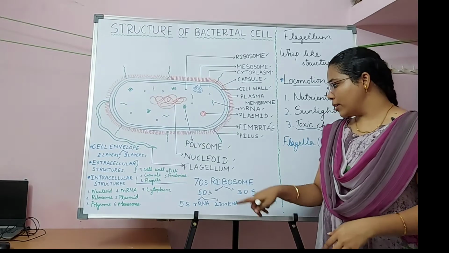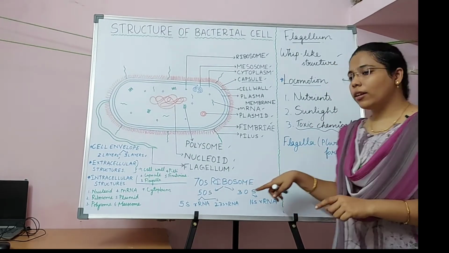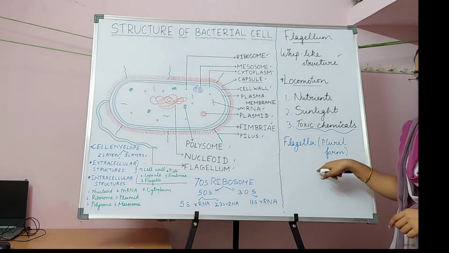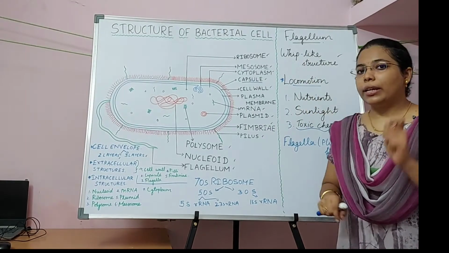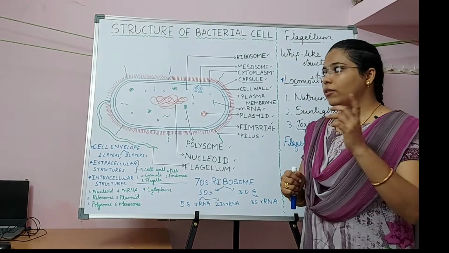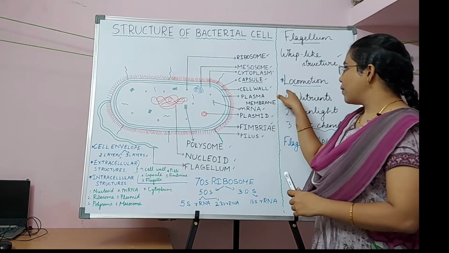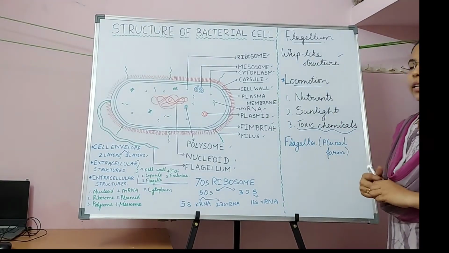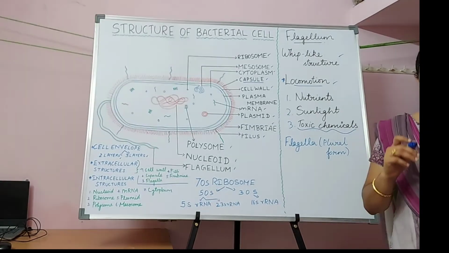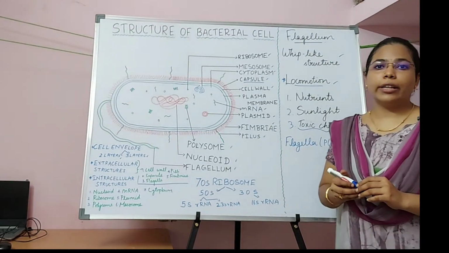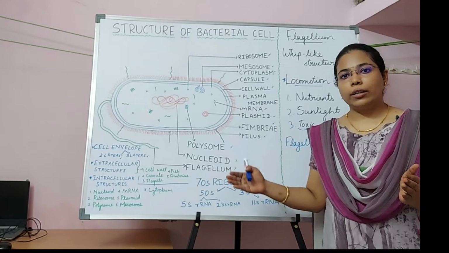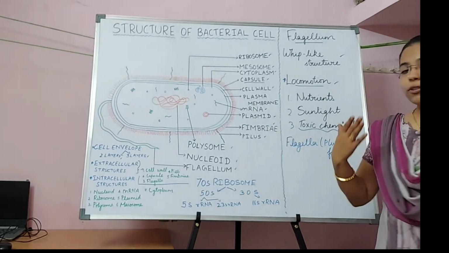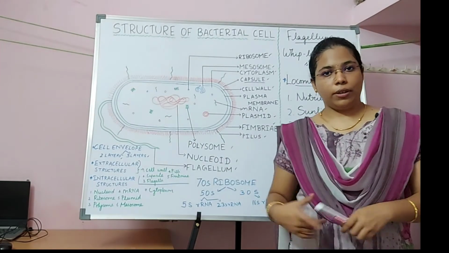And the next topic is flagellum. Flagellum is singular, flagella is the plural form. Flagella is a whip-like structure that is present on the surface of bacteria. These flagella will help the bacteria in locomotion. Locomotion is nothing but the movement of bacteria from one place to another. Why should a bacteria move from one place to another?